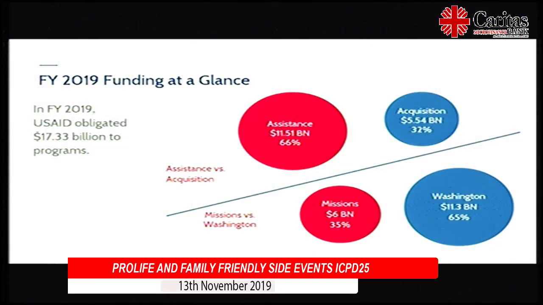The small remaining percentage of funds was awarded through interagency agreements. You can also see that in fiscal year 2019, we obligated more money from Washington than we did overseas. However, it's very important to note that most of USAID's funding decisions are made at our missions.